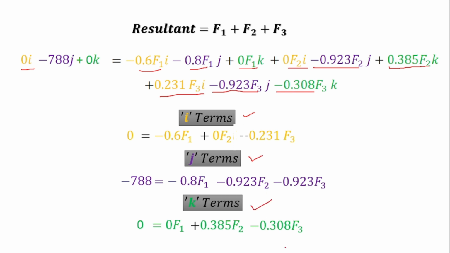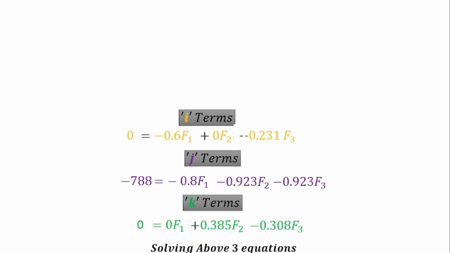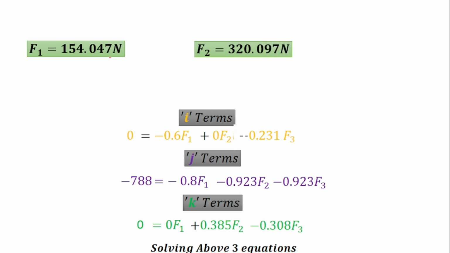So here we got three equations and three unknowns. The three unknowns are F1, F2, F3. These are three simultaneous equations. You can solve them using the calculator. Solving these three equations, we get F1 equal to 154.047 Newton, F2 equal to 320.097 Newton and F3 equal to 400.233 Newton.